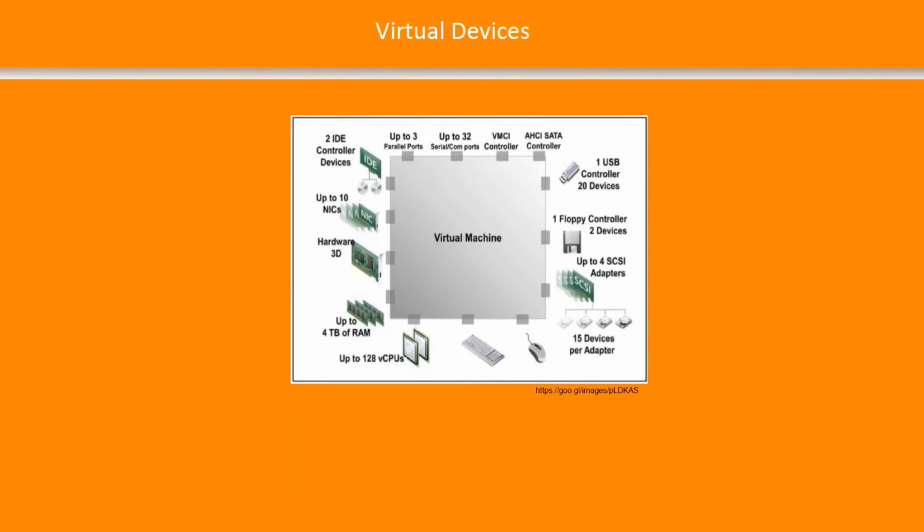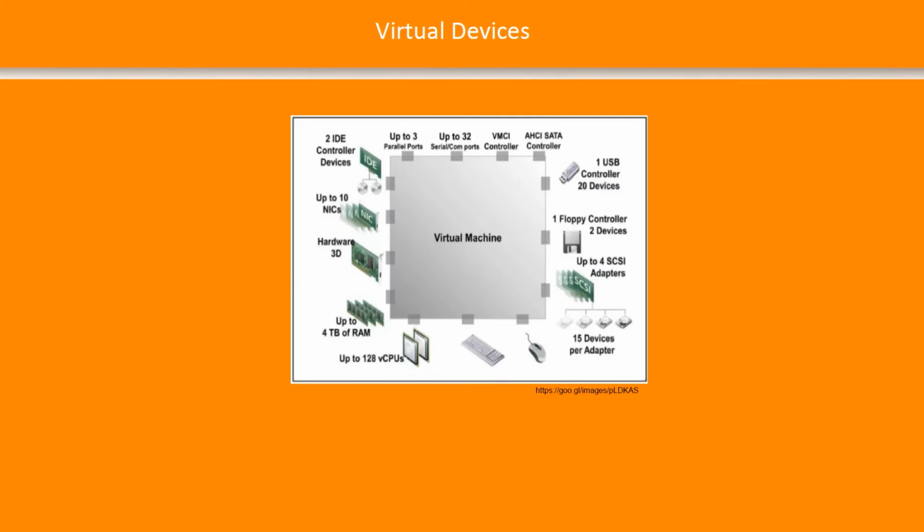When we talk about virtual devices, we notice that the virtual machine can support up to 4 SCSI adapters. We know that one SCSI adapter can support up to 15 devices, so a total of 60 devices, and most of the time these devices are used to connect to disks. We also note that the virtual machine is able to support up to 4 terabytes of RAM.